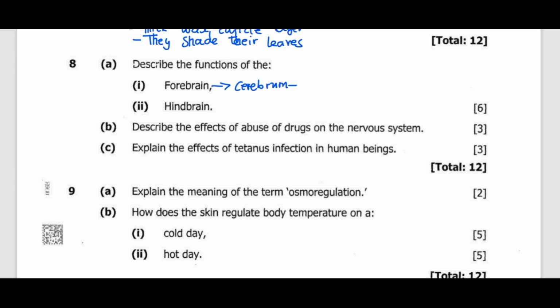Now the cerebrum is the part that is considered to be the largest. It has two hemispheres: the right cerebral hemisphere and the left cerebral hemisphere. Now the main function of the cerebrum is that it controls intelligence.